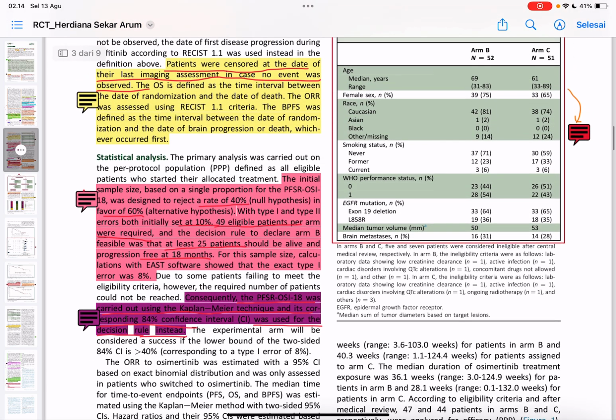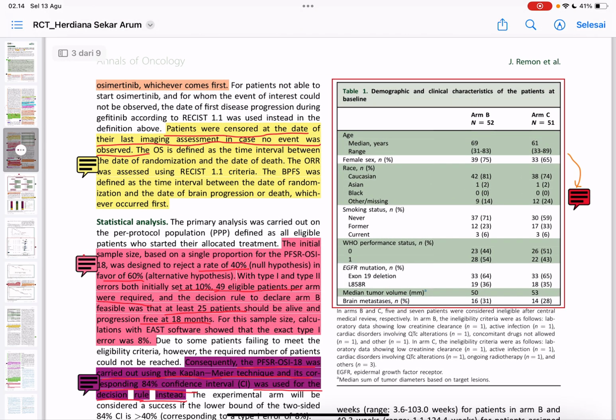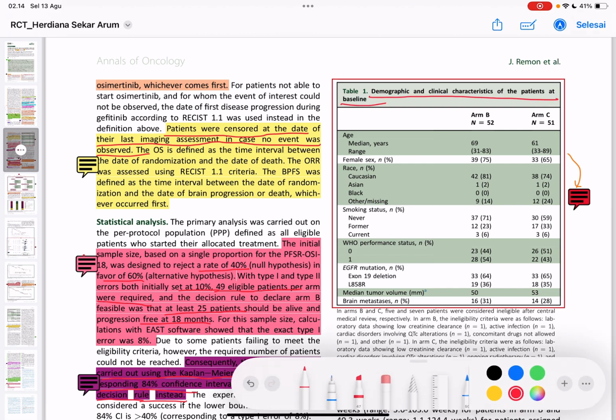Next, we have a table showing baseline demographic and clinical characteristics for each group. And in here, there are tables about demographic and clinical characteristics of the patients at baseline.